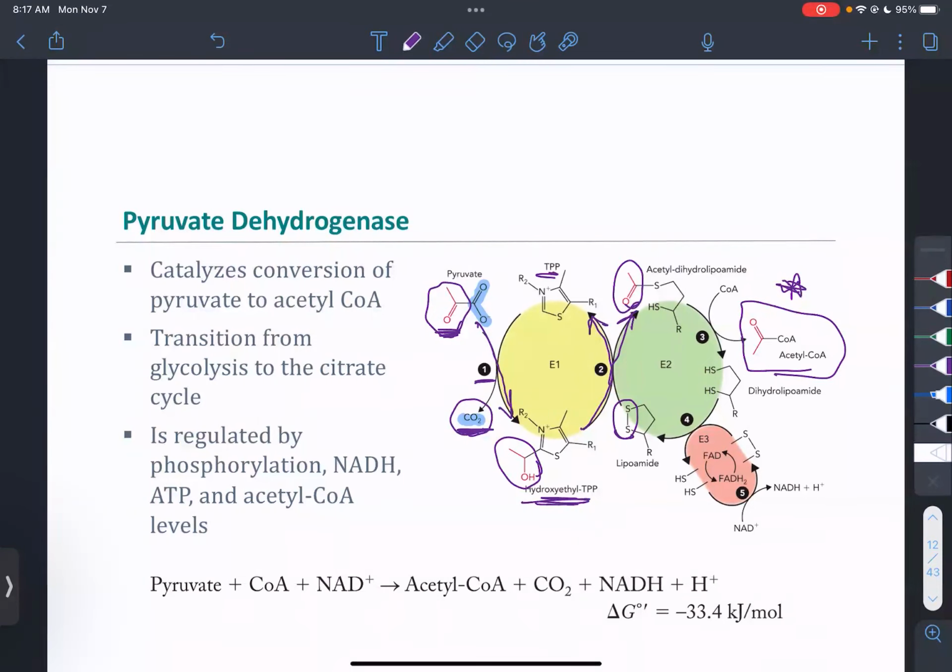citrate cycle to go. So our citrate cycle is ready, but our enzyme has not been regenerated, right? So we need to make sure that we finish regenerating our enzyme. So the dihydrolipoamide group then swings over to the E3 subunit. So here's E3, kind of in pink, the dihydrolipoyl dehydrogenase, where it's reoxidized, right?